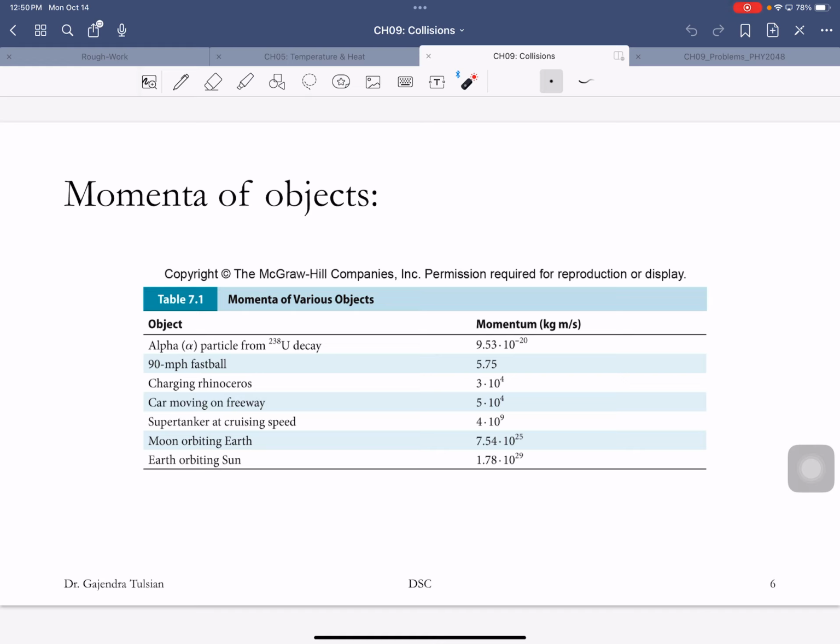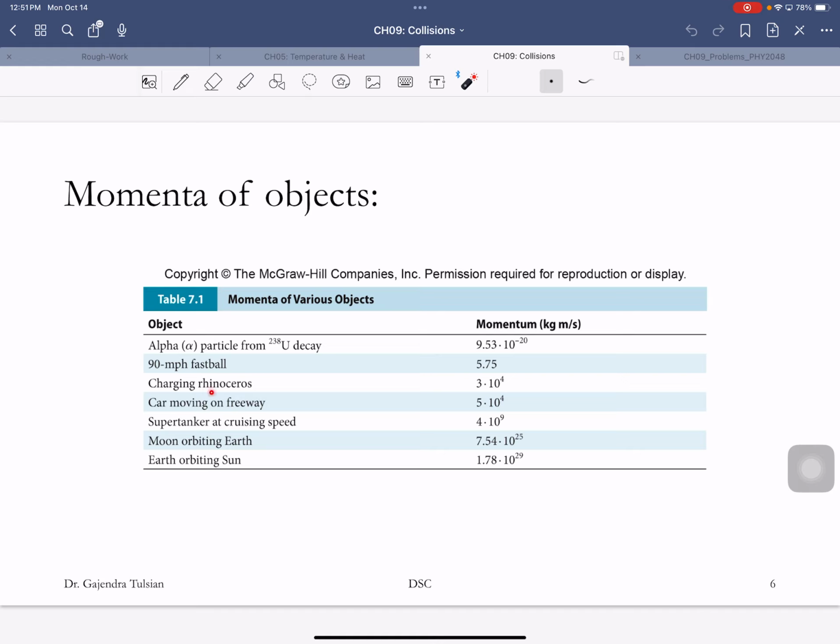They're all naturally radioactive, meaning their nuclei are unstable, and they're radioactive with various half-lives. So U-238, this isotope decays via spitting out an alpha particle, and there's the momentum of that. A 90 kg fastball, the momentum is about 10 kg meters per second.